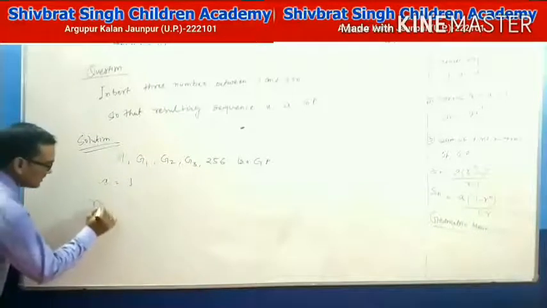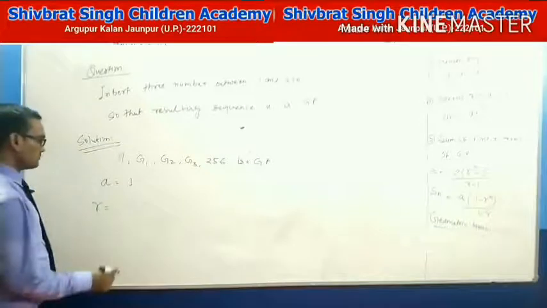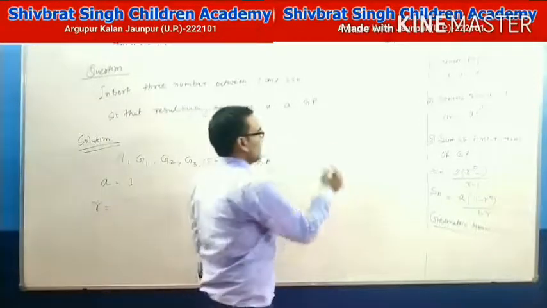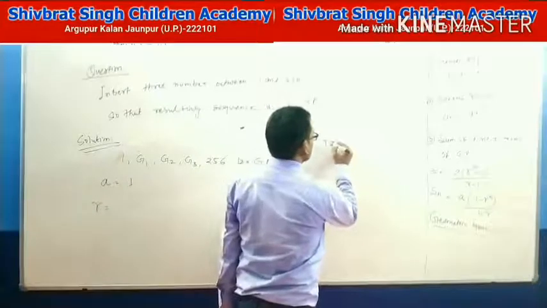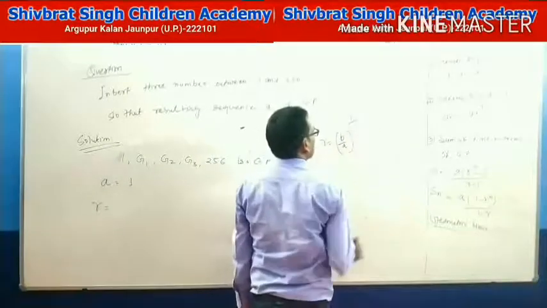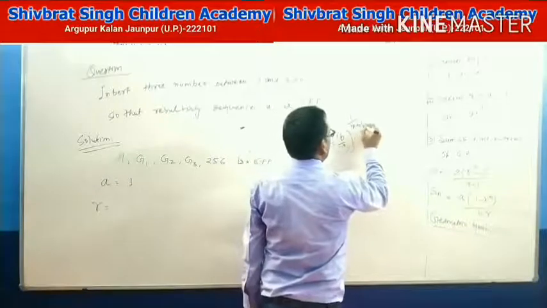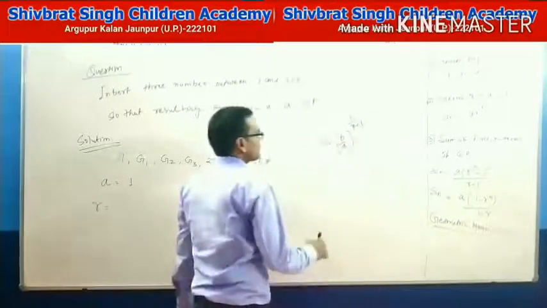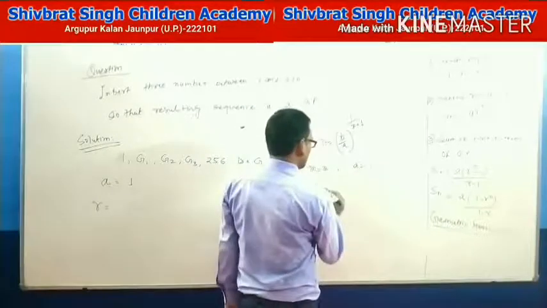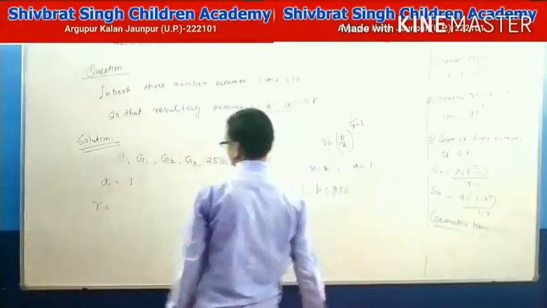R is equal to, we also know that R equal to B upon A to the power 1 upon n plus 1. Here n equal to 3, A equal to 1 and B equal to 256.